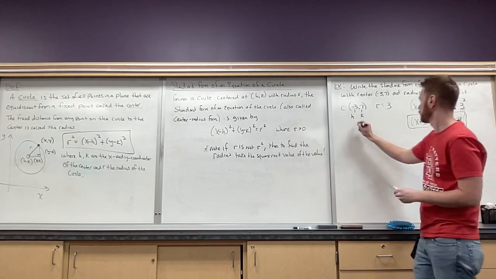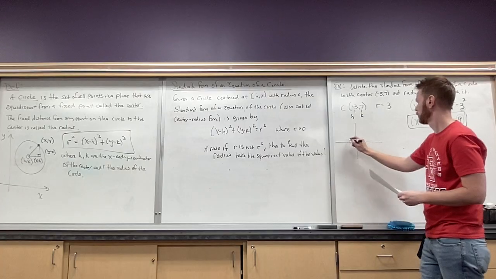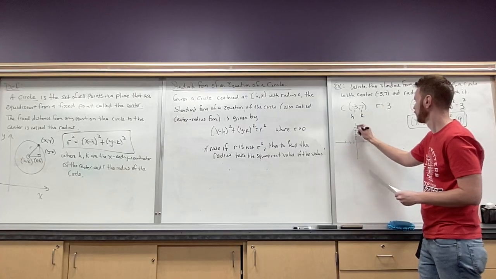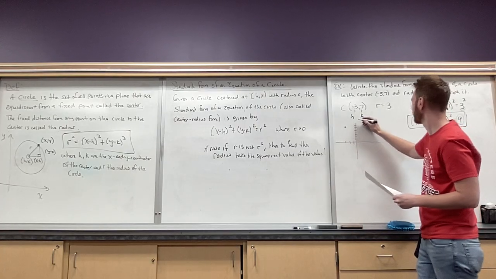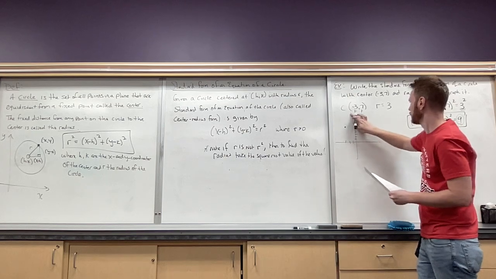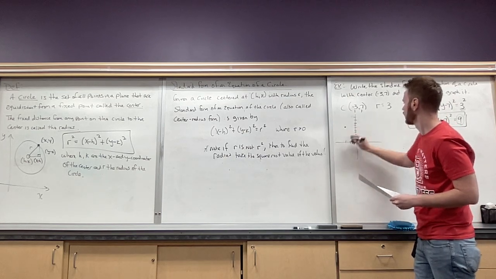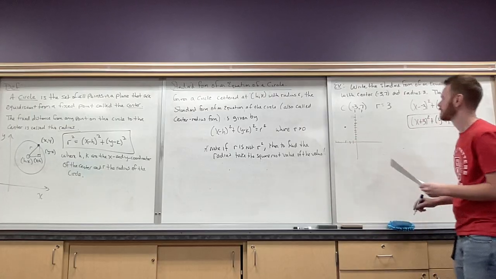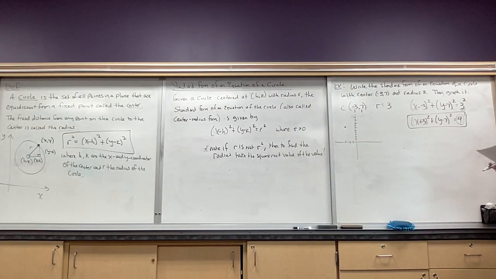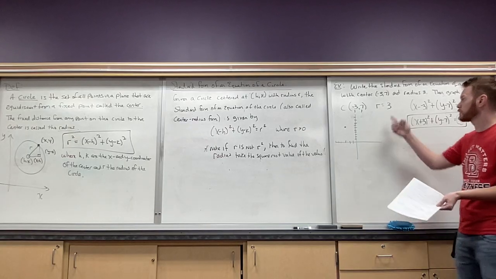Graphing it. Am I gonna have enough space? Oh, this will be fun. There we go. So there's my center point. And then what I would do to make it easier, I would graph additional points with the radius of 3.